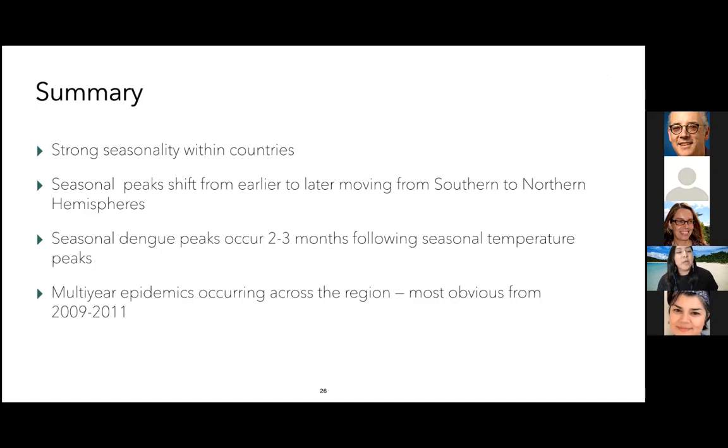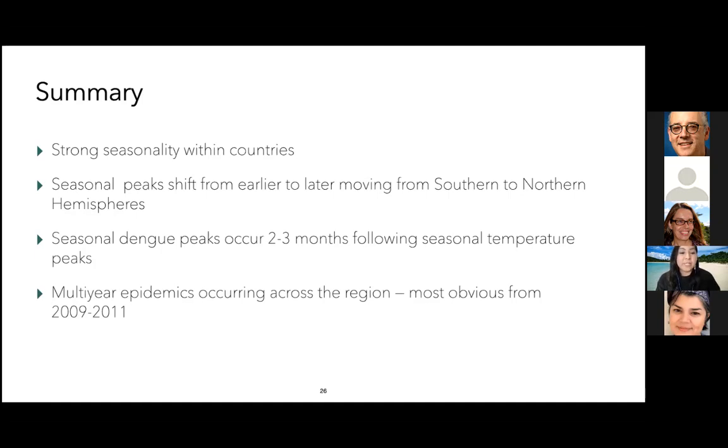So in summary, from our analysis of these disease trends across the region, we found fairly strong seasonality within each of the countries, that seasonal dengue peaks shift from the earlier months of the year in the Southern Hemisphere to around June to September in the Northern Hemisphere, and that dengue peaks tend to lag 2 to 3 months following seasonal temperature peaks.